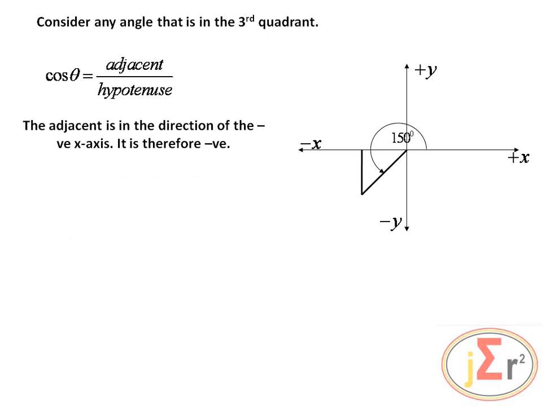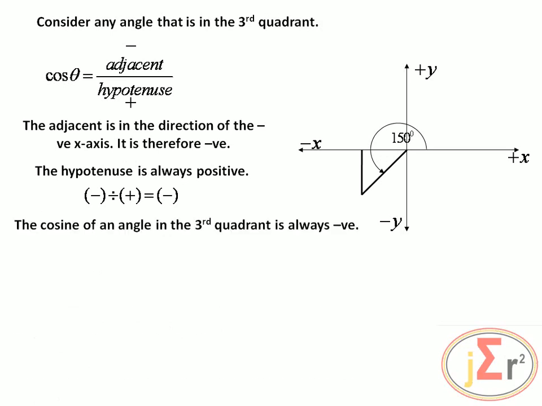The horizontal one is always the adjacent, and it is in the direction of the negative x-axis. It is negative. Good. And the hypotenuse is always positive. So negative divided by positive is equal to negative. The cosine of an angle in the third quadrant is always negative.